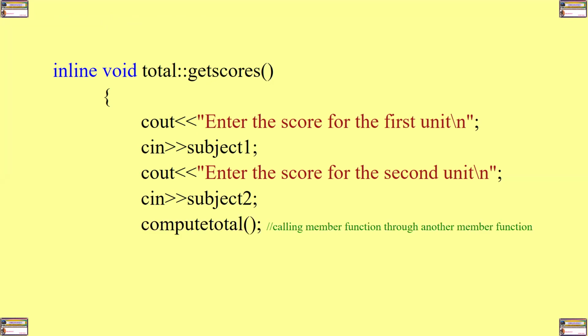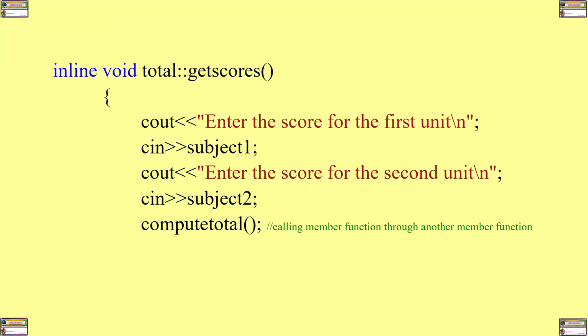And then the next function to be invoked, and note, this function is being invoked inside another function. So you can see that a function can invoke another function. Let me put it properly.